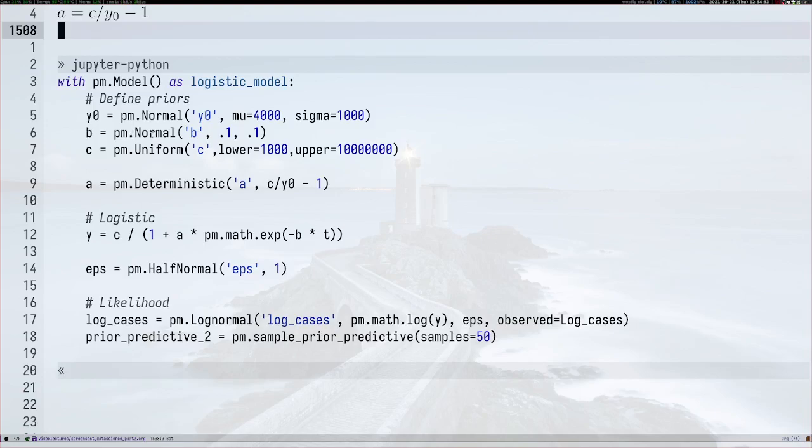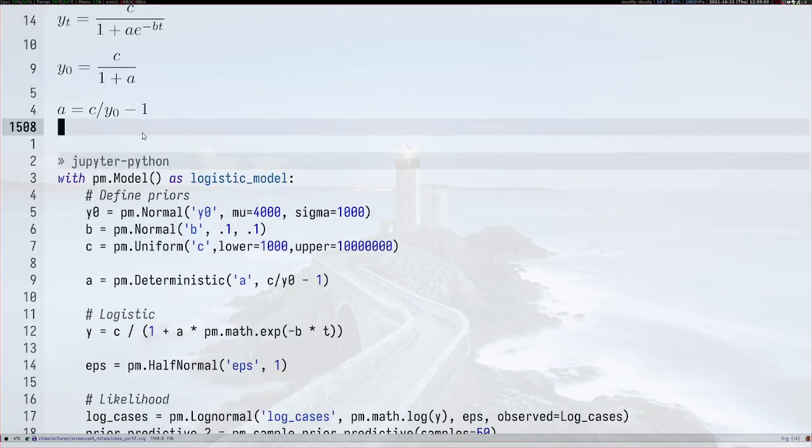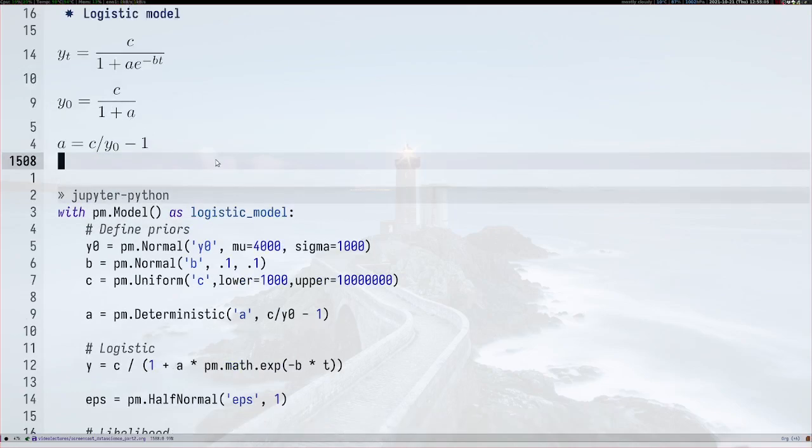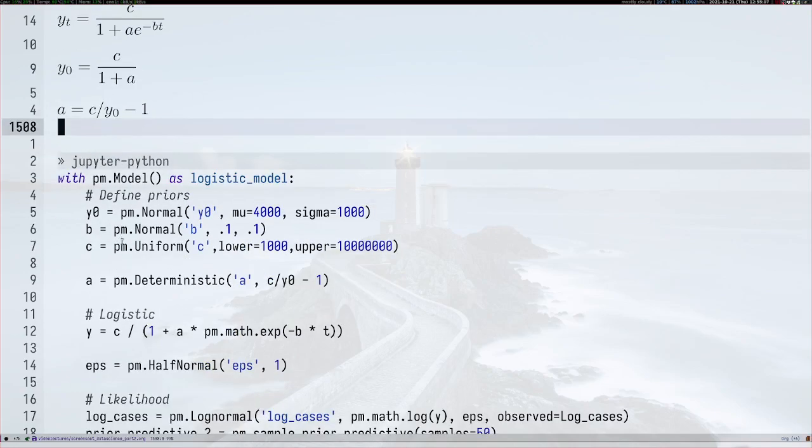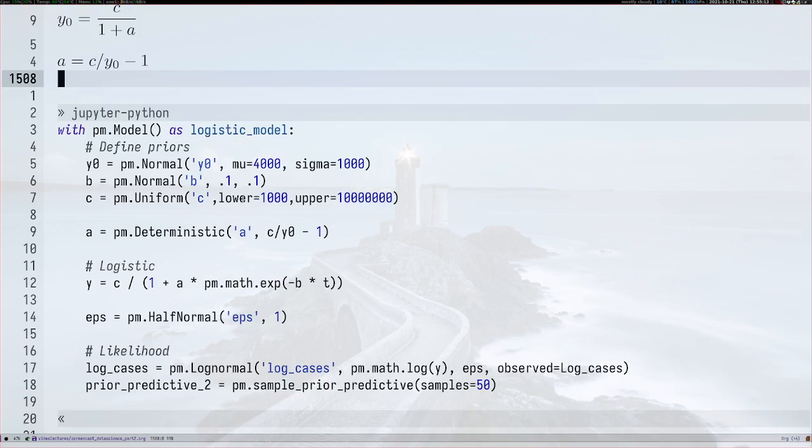For b, which is basically the growth rate in the number of cases, we specify again 0.1 and 0.1, so b can be negative in principle. c, which is this plateau that we're going to, of course cannot be negative, so let's specify it as a uniform distribution. Let's say that the lower bound of this uniform distribution is 1,000, and the upper bound is about 10 million.